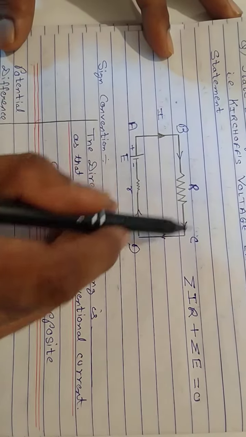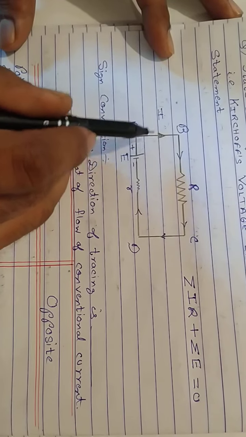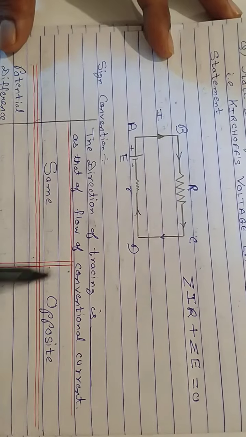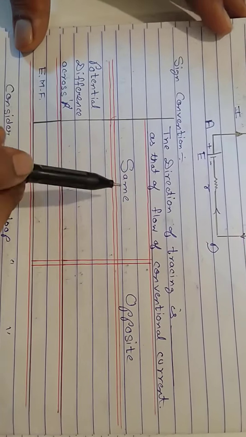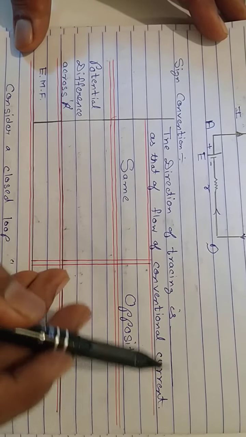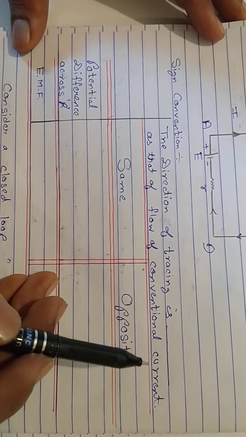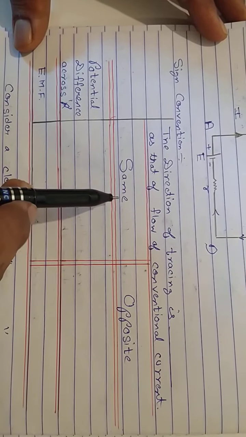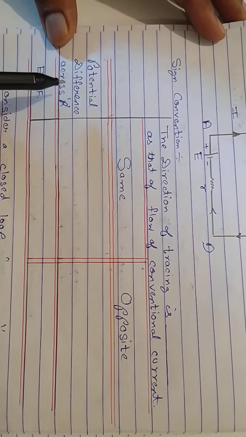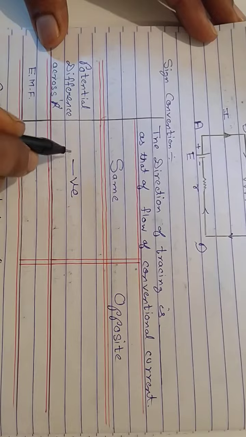The direction of tracing may be the same as the direction of the current flowing through the circuit, or opposite, so here I can put two conditions. If the direction of tracing is the same as that of the flow of conventional current, students remember this, then the potential difference across R is always negative.